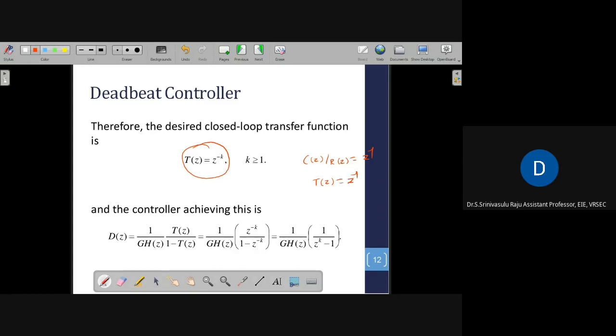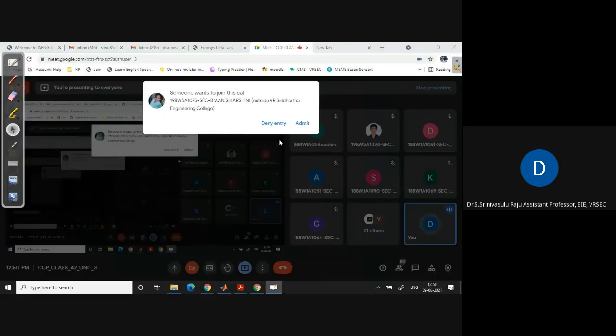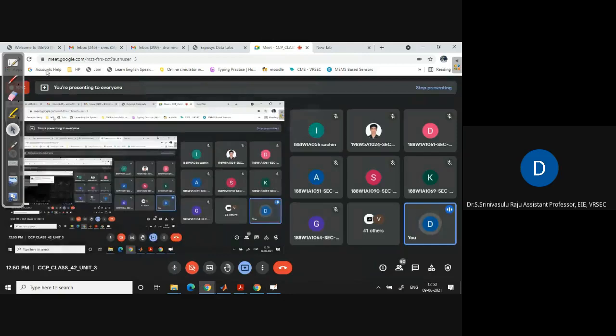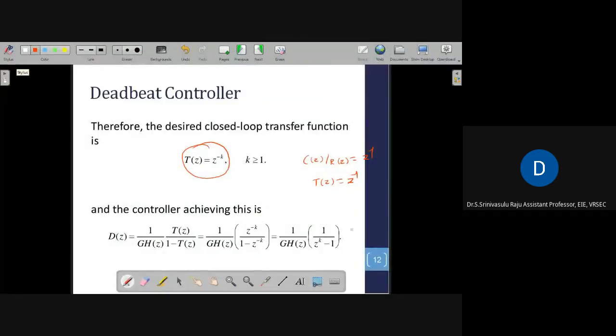Z inverse is not applicable to all types of processes, so we want to simplify the expression in generalized mode, which is z to the power minus k, where k should be greater than or equal to 1. If k equals 1, it satisfies the equation z inverse. So the desired closed loop transfer function should be T of z equal to z to the power minus k.